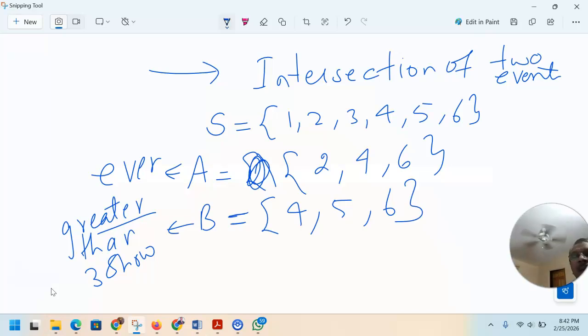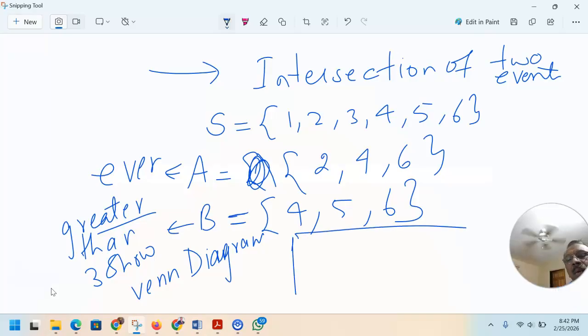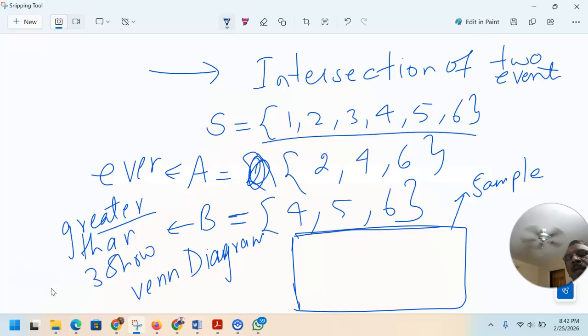So that's it. We can show this by a Venn diagram. What is a Venn diagram? It uses circles or ellipses. The whole box is called the sample space, which is all possible options, all the 6. And then we have A as 2, 4, 6.